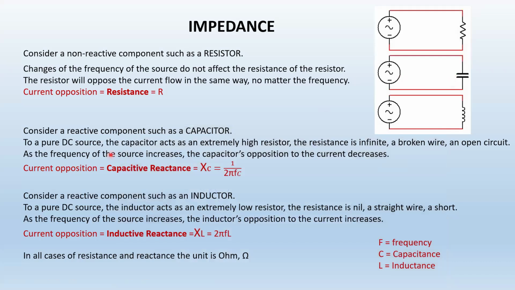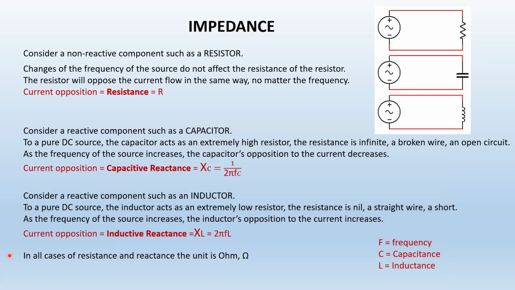As soon as we start introducing a frequency to a capacitor, it begins to conduct. The higher the frequency, the less resistance the capacitor is going to give us. To the point that if it's an extremely high frequency, the capacitor is going to conduct as if it were just a straight piece of wire.